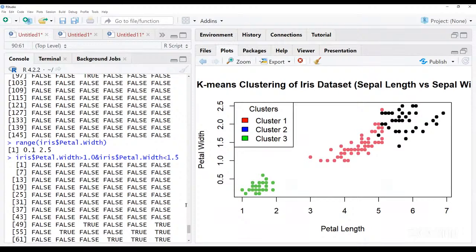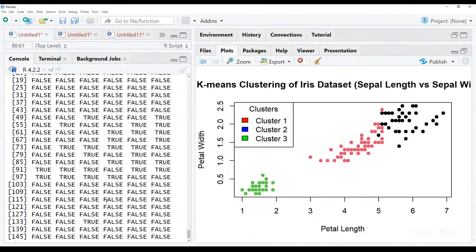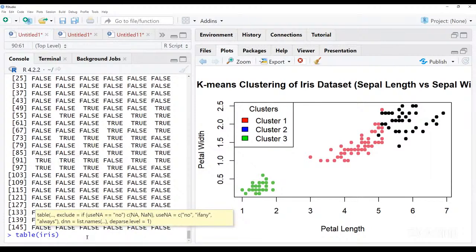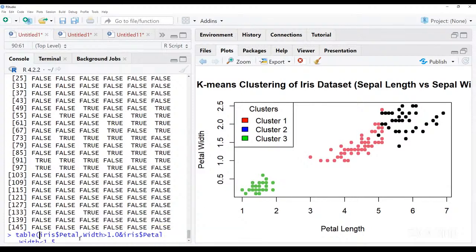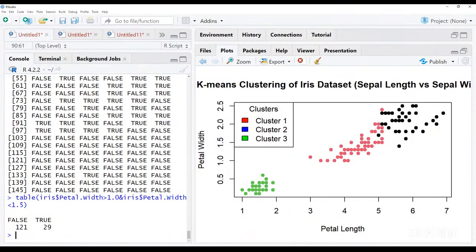Farah, you write down table, bracket, whatever the things you have written earlier, iris dollar, table, bracket. Yes, the whole thing will be in bracket. So at least 29 data are there. If you want to find out how many people are there, that is also possible.